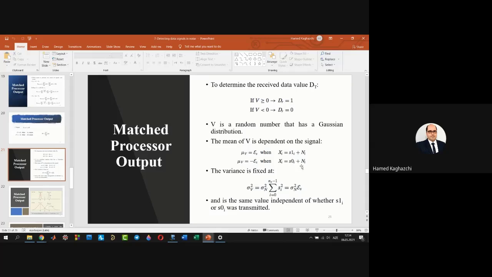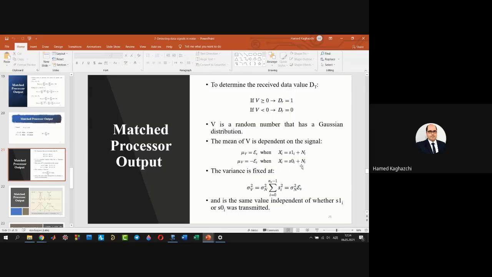It means that the value of the energy of the signal plays an important role in the case of detecting noise from the original signal.